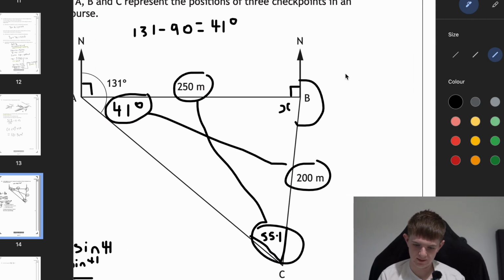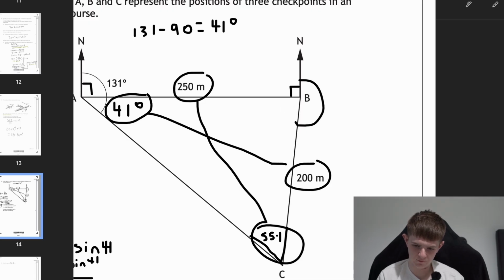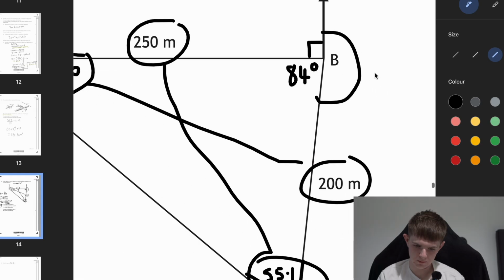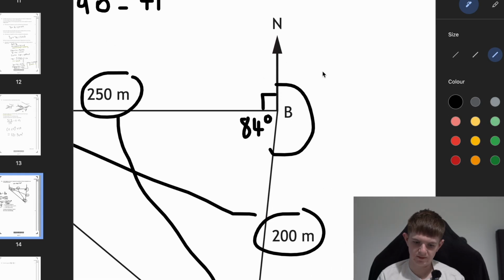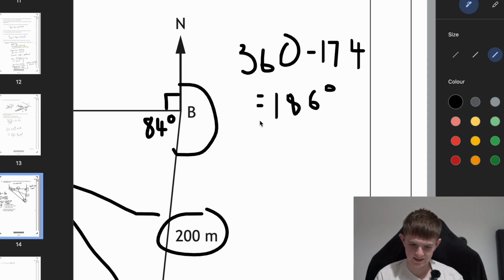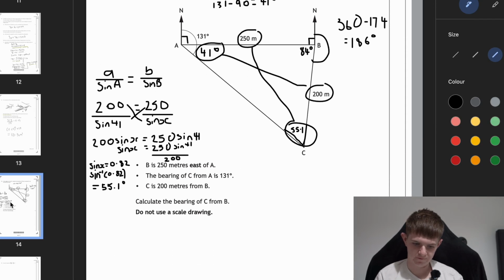We know that in here is going to be 55 add 41, 96. Take that away from 180. In here is 84. So that means that 90 add 84, which is 174. I'm going to take that away from 360. And that's going to be 186 degrees, which is our final answer.